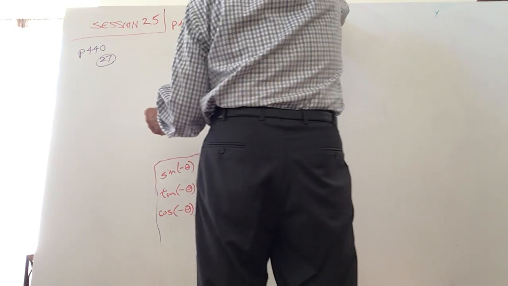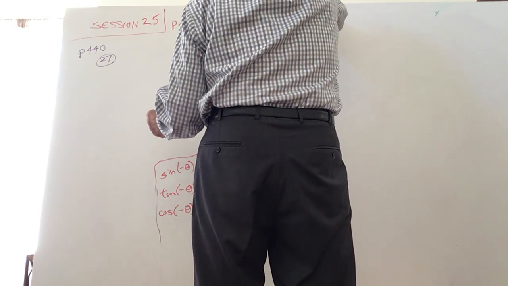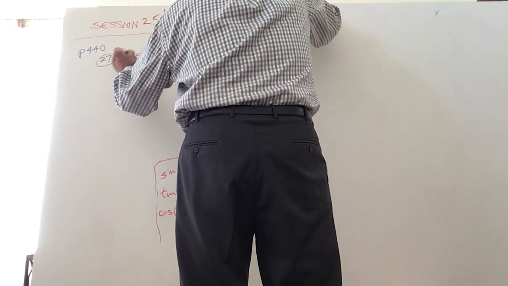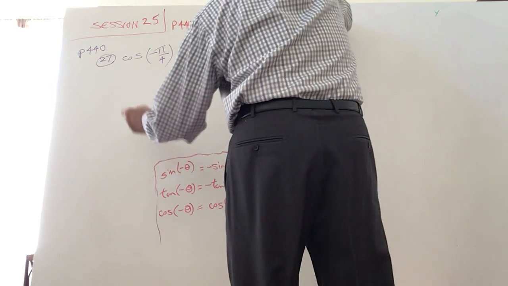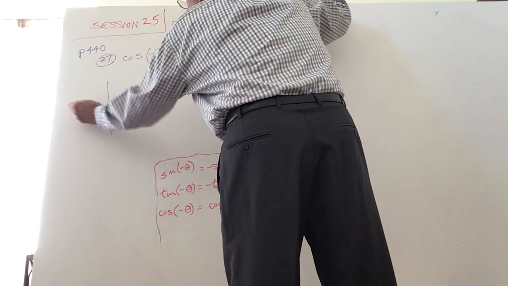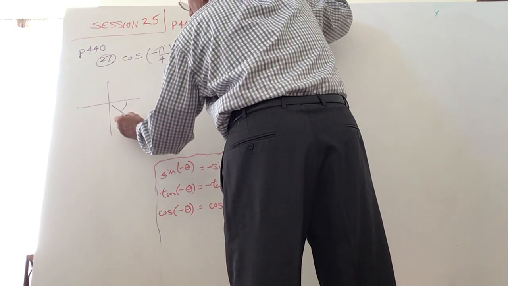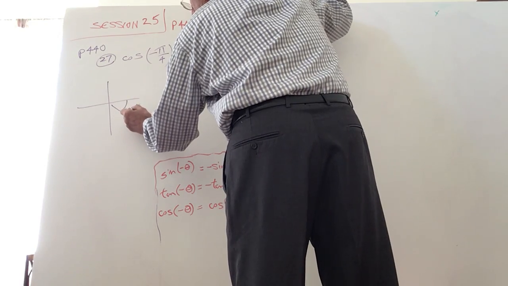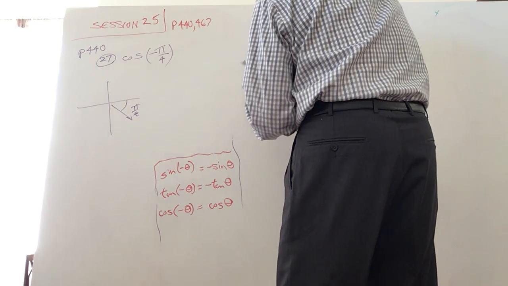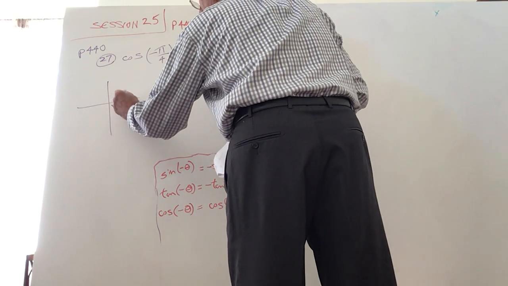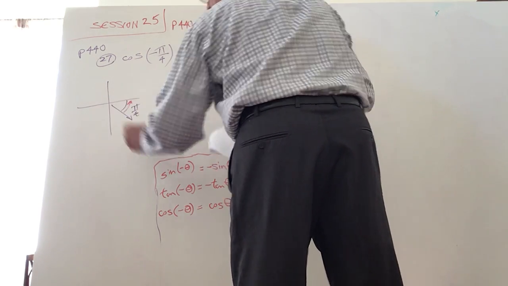And 27 is the cos of negative pi over 4. I think a nice easy one for us here. Because of negative pi over 4, we're talking negative rotation, and pi over 4 here. So actually, the negative rotation gives us the same pi over 4 back here again in terms of the reference angle.